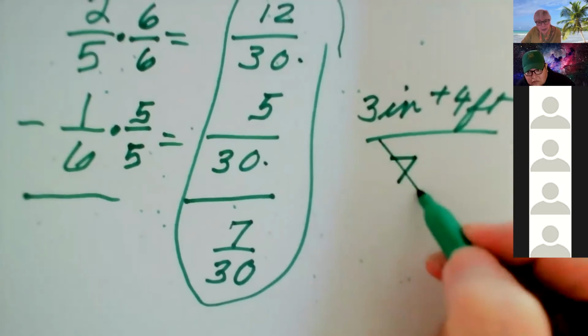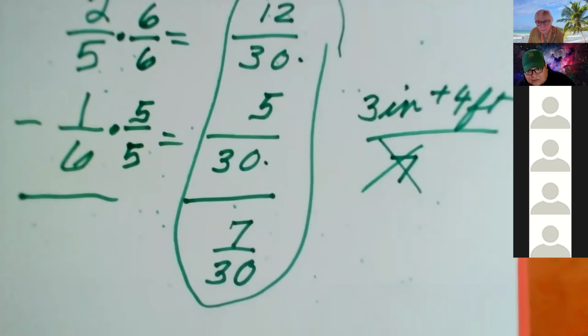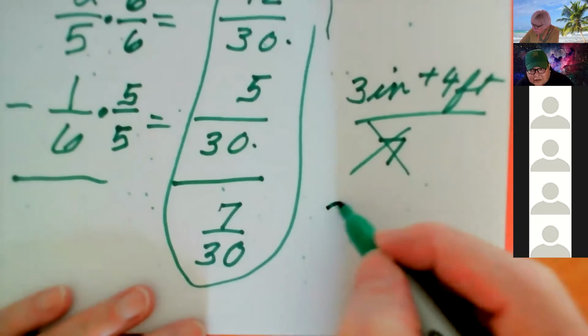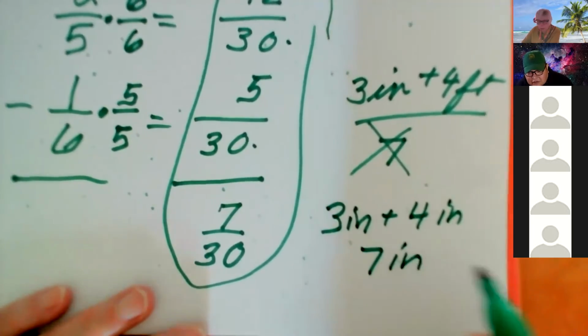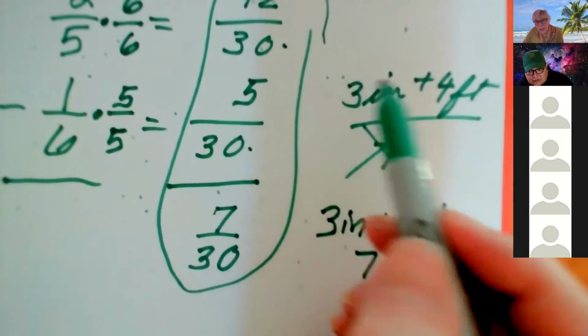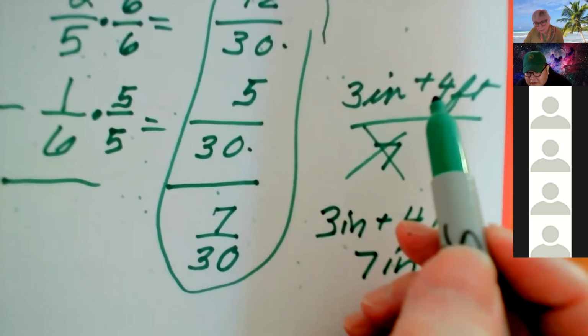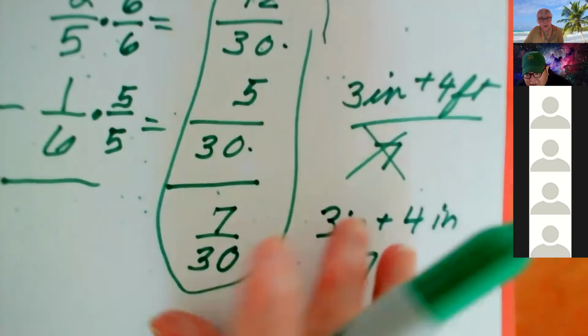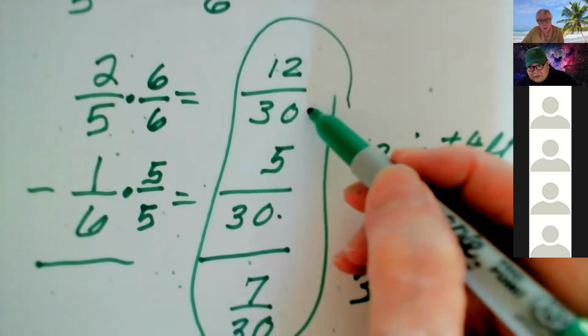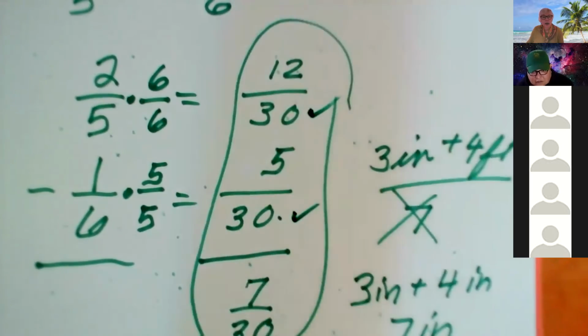You do not get 7 something, do you? You can add 3 inches and 4 inches to get 7 inches, but you can't add unlike things. So adding and subtracting requires like things. In fractions, it requires the common denominator. So add, subtract, common denominator, multiply and divide, whatever.